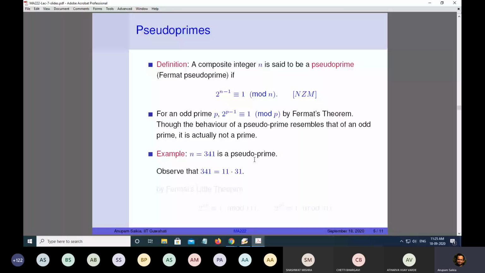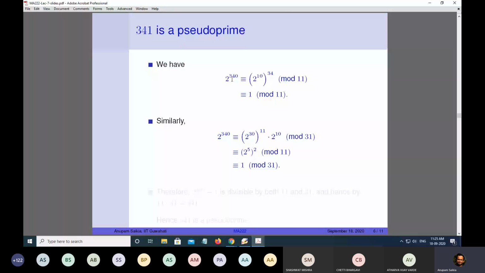We cannot apply Fermat's little theorem to 341 because we already know that it is factorizable like this. So we look at its prime factors. We know that 2 to the power 10 is 1 mod 11 and 2 to the power 30 is 1 mod 31, because the exponent is 1 less than the prime. If we look at 2 to the power 340, I can write it as 2 to the power 10, raised to 34, and I know that 2 to the power 10 is 1 mod 11.